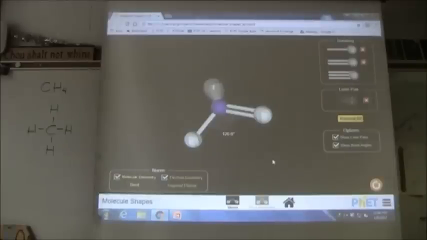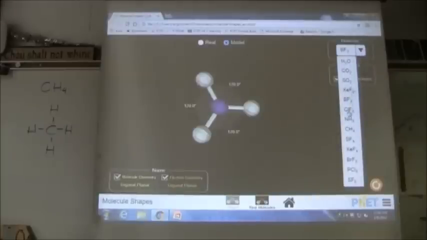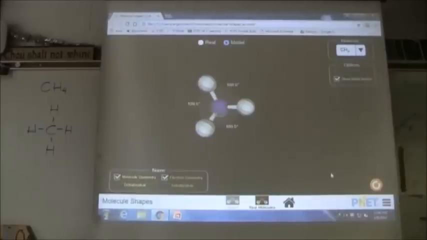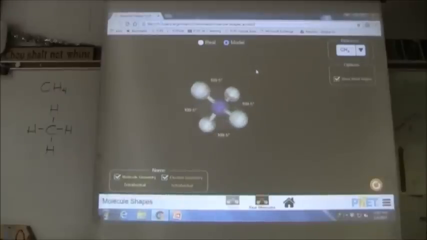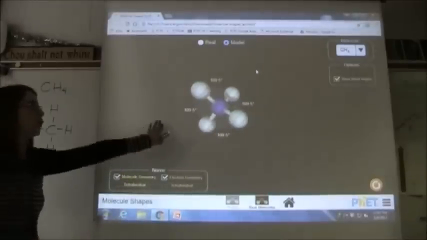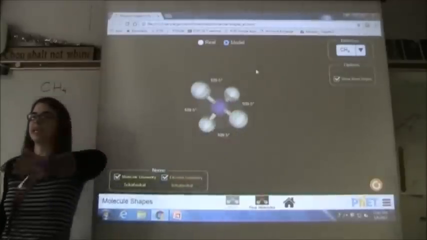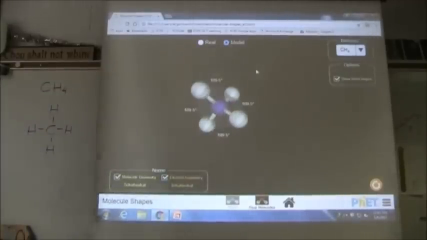Nope. So this is tetrahedral, ladies and gentlemen. And it has a very exact angle, 109.5. Write it down. You are responsible for knowing it. 109.5.